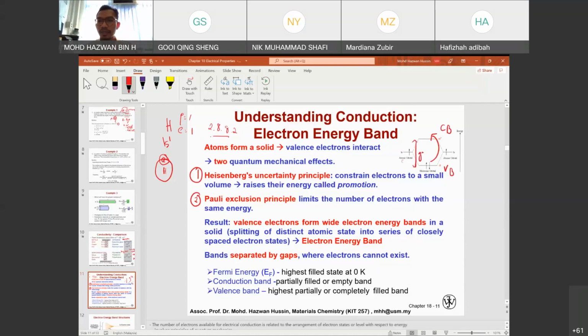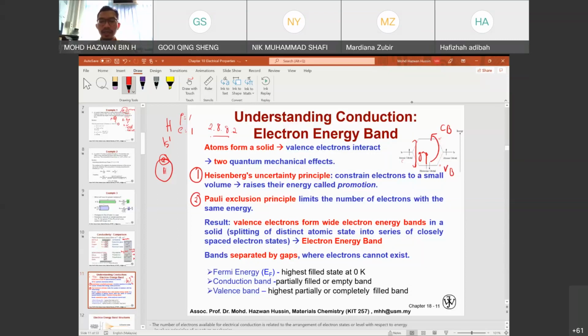Ni ada gap ni, okay, and this gap is normally known as the electron gap. Okay, all right. So Fermi energy. Fermi energy is the minimum energy required to surpass from valence band to conduction band. Okay, it is normally the highest filled state at 0 Kelvin.